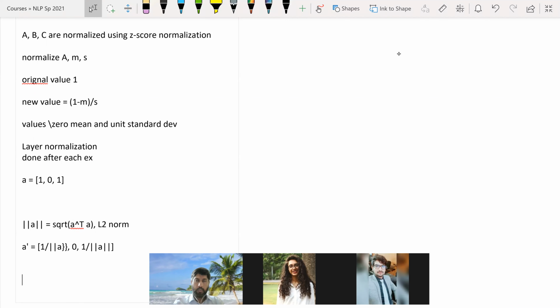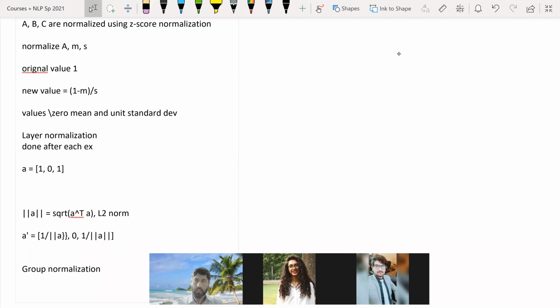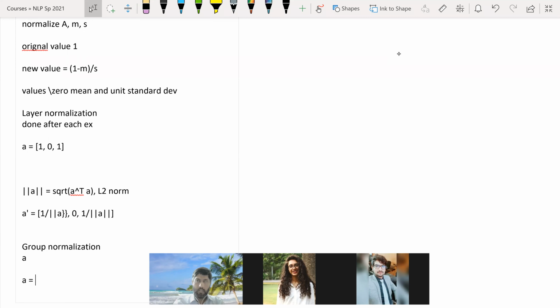The third that I'm going to talk about is called group normalization. This is similar to layer normalization, meaning that it's done for each vector A, but the normalization is now done for subsets of those vectors separately. For example, our A was 1, 0, 1. Of course, this is a very small vector.